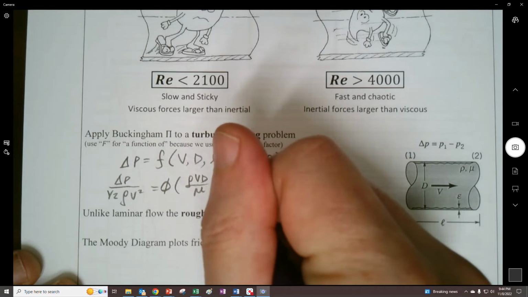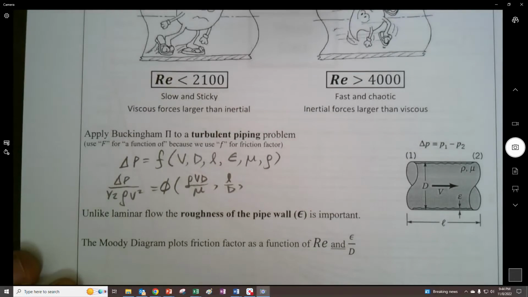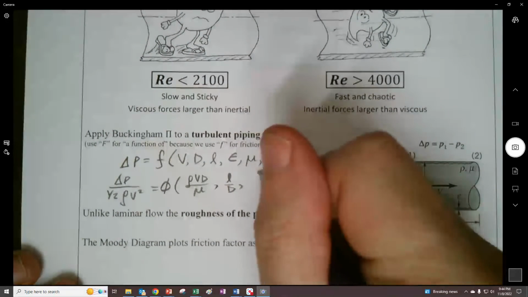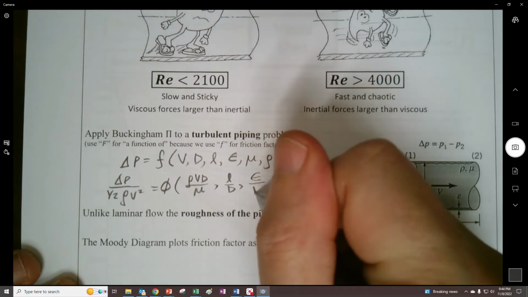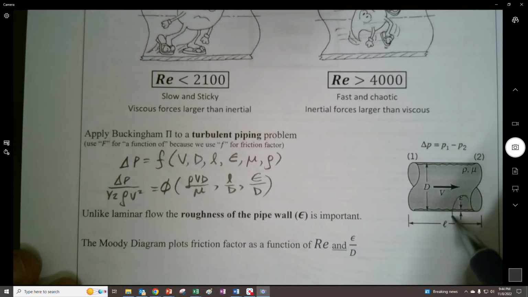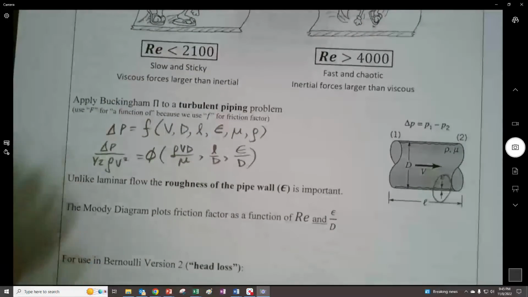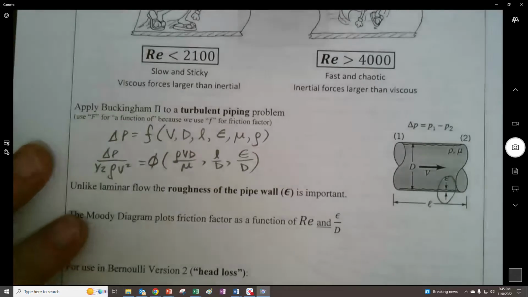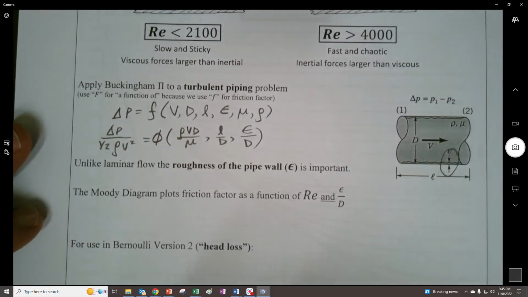We have a length to diameter ratio, which makes sense because we have two terms based on length. We also have another term based on length, which is the roughness. It's sort of like an average value that gets used. So we'll find a table that we can put the things in.